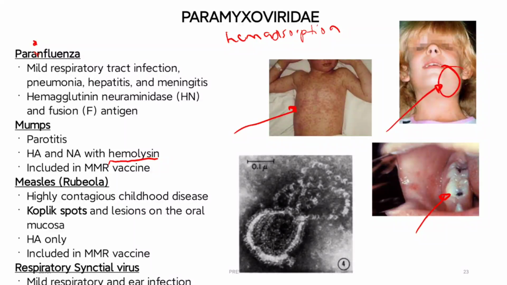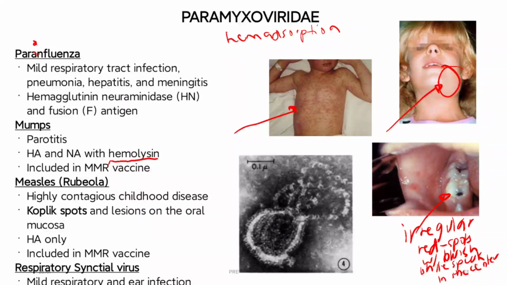So, pag sinabing Koplik spots, yan yung irregular red spots with bluish white speck in the center. Yan. Ulitin ko.